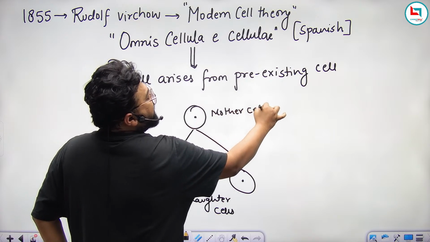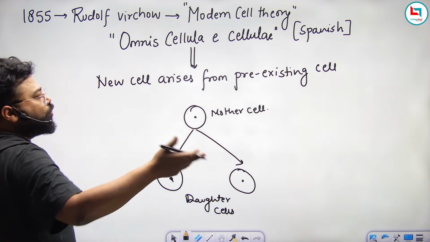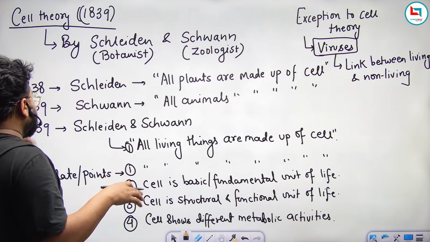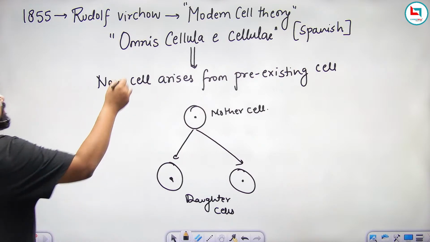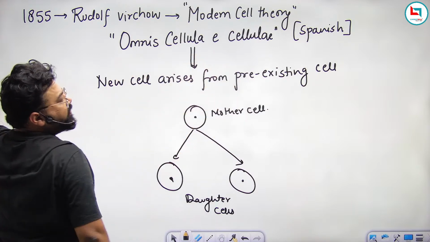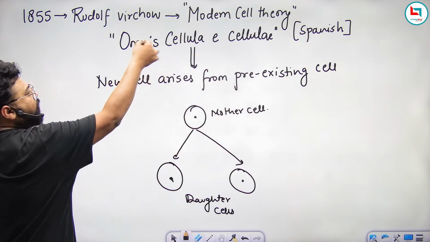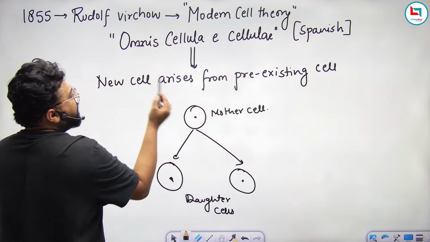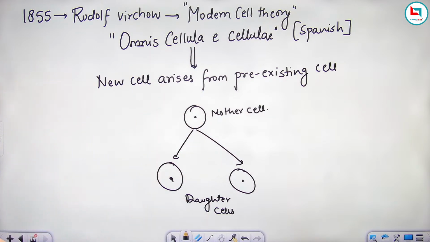So this idea of cell division is the new point added inside the old cell theory with the statement omnis cellula e cellulae, meaning a new cell arises from a pre-existing cell.